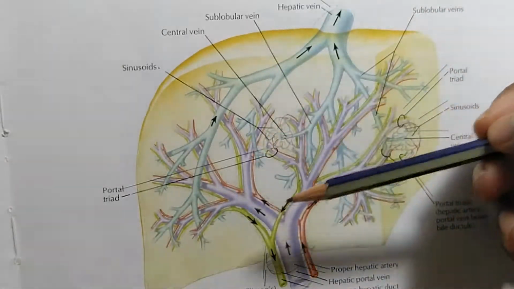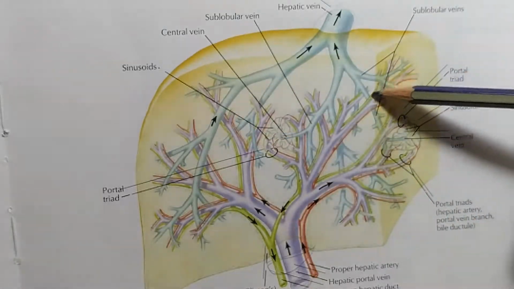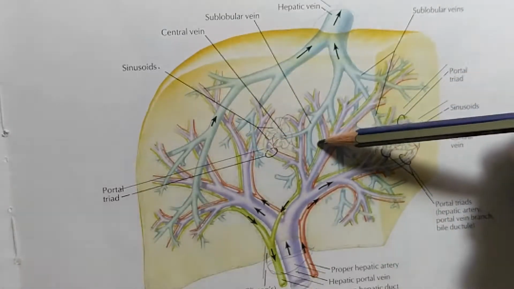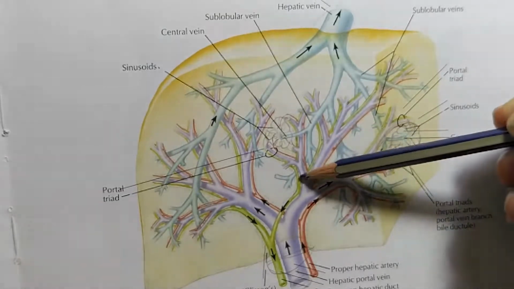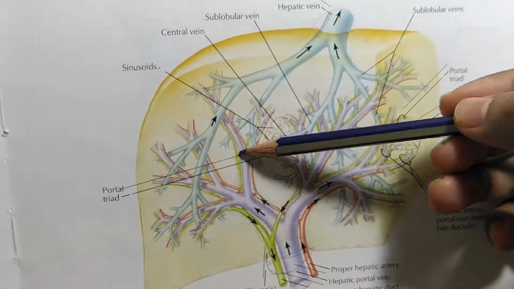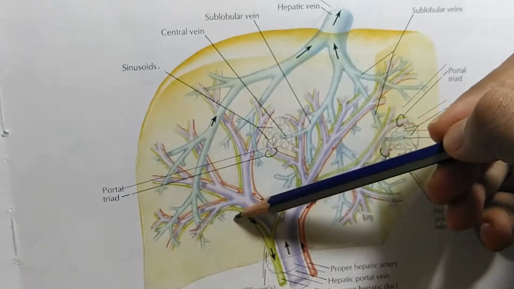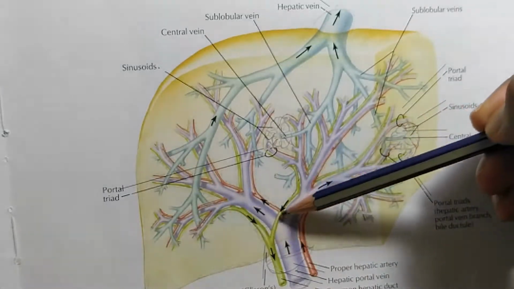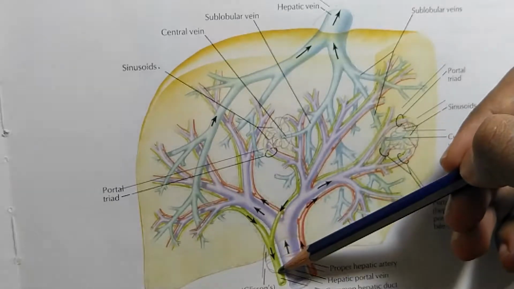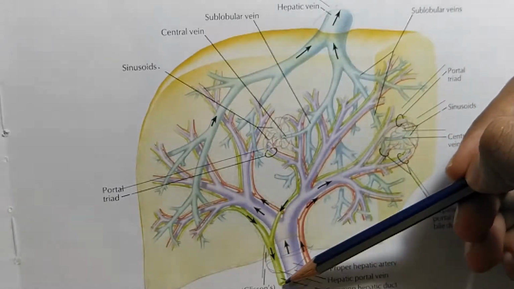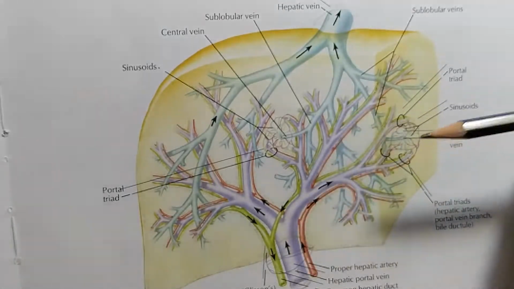Bile is produced from the liver and collected by the biliary channels, the greenish area. These biliary channels, formed from different areas of the liver, ultimately become the common hepatic duct, which enters into the intestine for digestion and absorption.